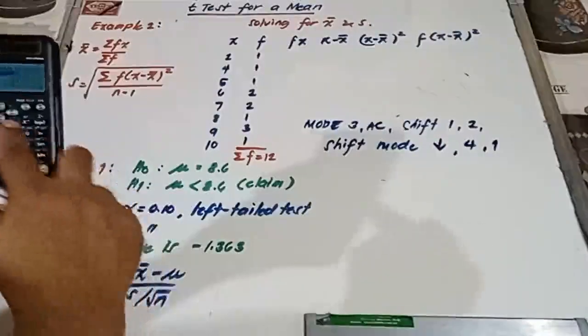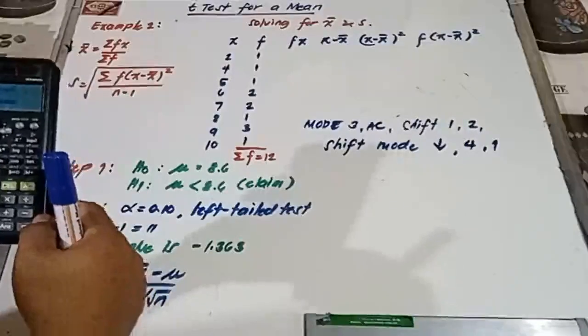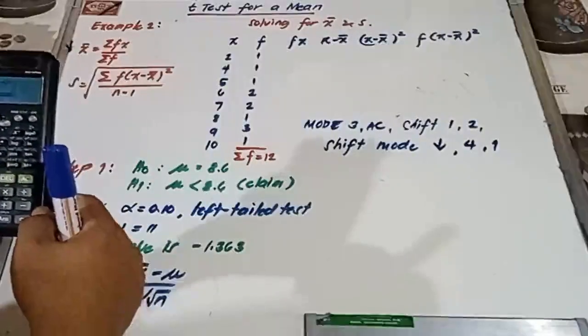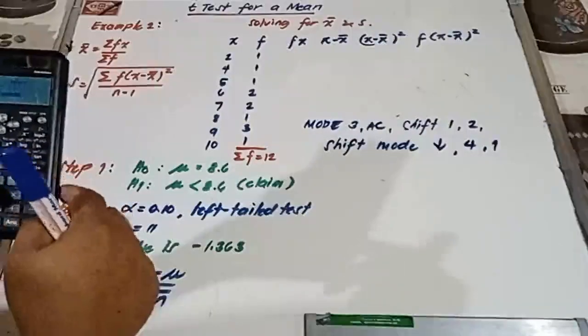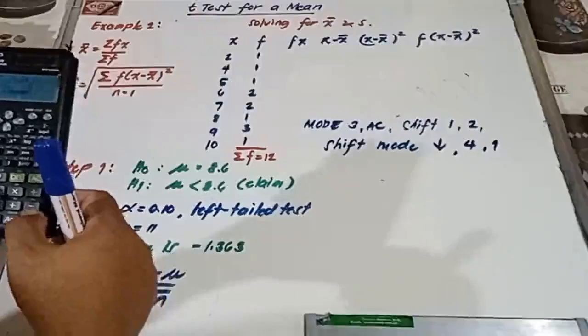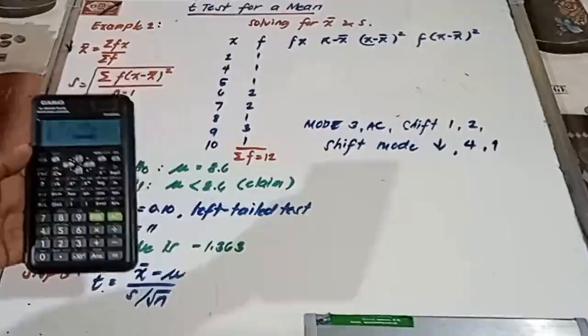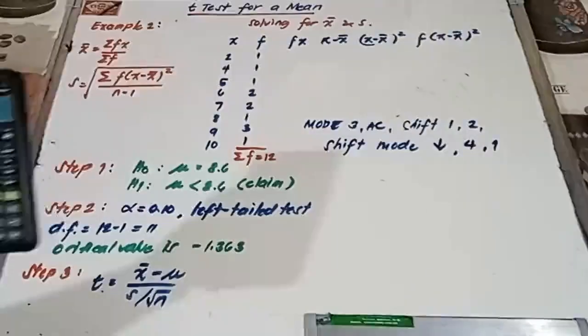So, 1, 1, 1, and then 2. We got 3. 5 is 1. 6 is 2. 2, 1, 3, 1. Okay. So, naroon na yung kanyang X values at saka frequency na input na natin.